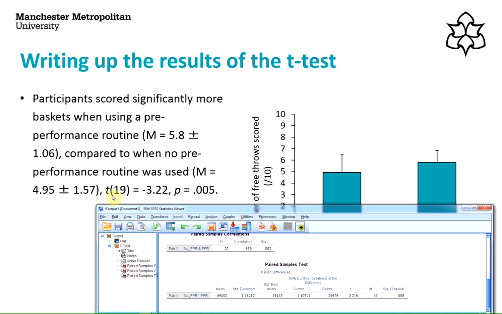So we put the t value, t, brackets, the degrees of freedom, which is 19, equals whatever the t value is, rounded to 2 decimal points, followed by the p value, which we've got here. So t, brackets 19, because 19 is our degrees of freedom value, equals minus 3.22, because that's what the value is in our t box, and p equals 0.005, because that's the value in our significance box.